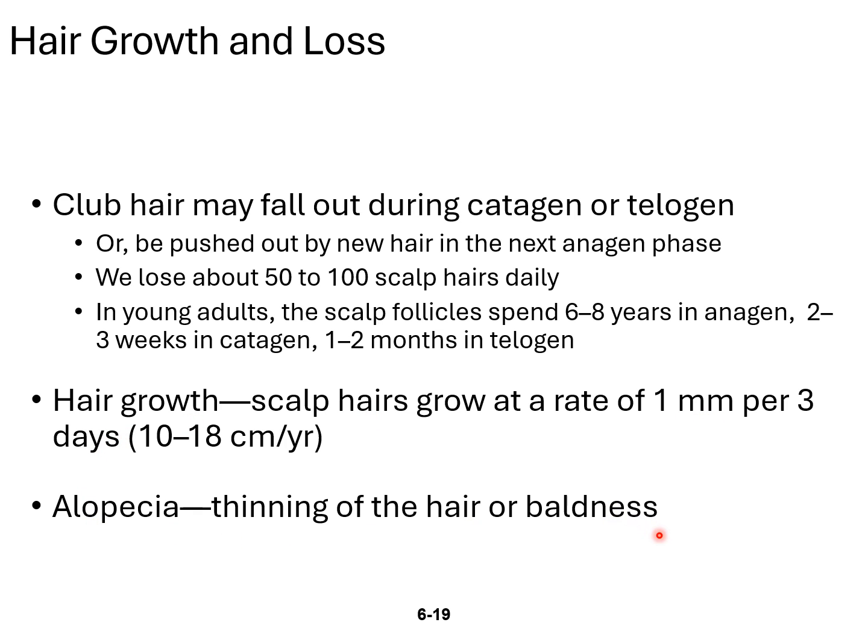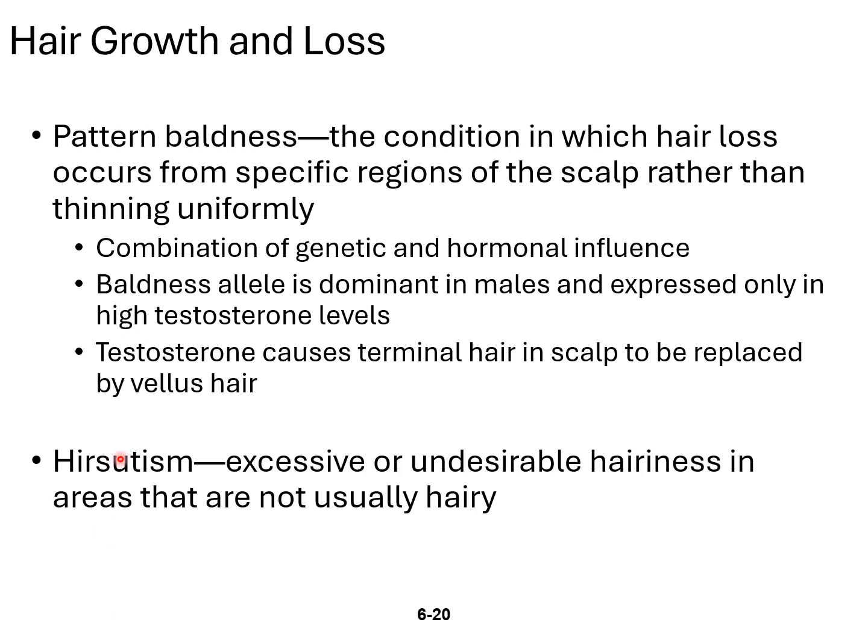Alopecia is just a thinning of hair or baldness. Pattern baldness is a condition where specific regions of the scalp are losing or thinning uniformly. It could be genetic or hormonal. Hirsutism is the opposite. You actually have excessive or undesirable hairiness in areas that are not usually hairy.